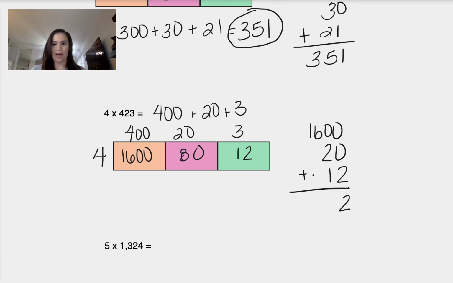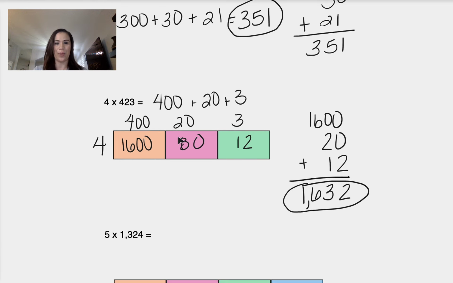And then we have 0 plus 8 plus 1 is 9. Then we have our 6, and drop that down, and our 1, and drop that down. So 4 times 423 is 1,692.